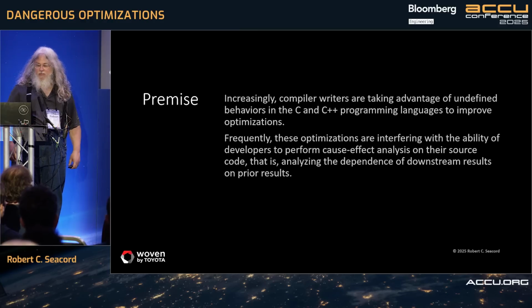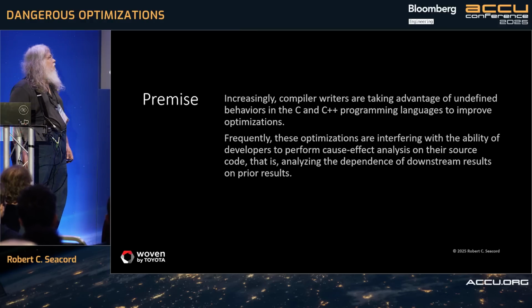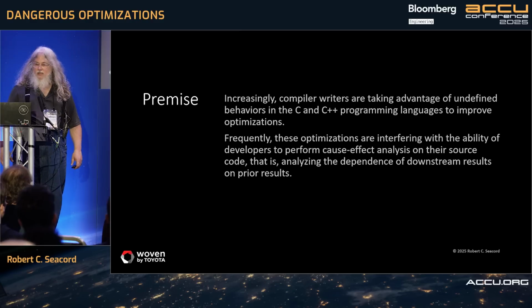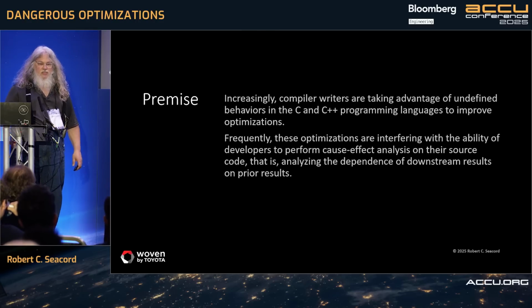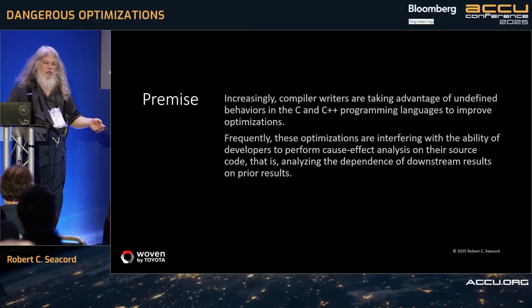They're simply being removed. And it's not just developers, it's also analyzers, because when someone writes an analyzer, usually they have to write it for different implementations and assume those implementations are going to deal with the source code in the same way.